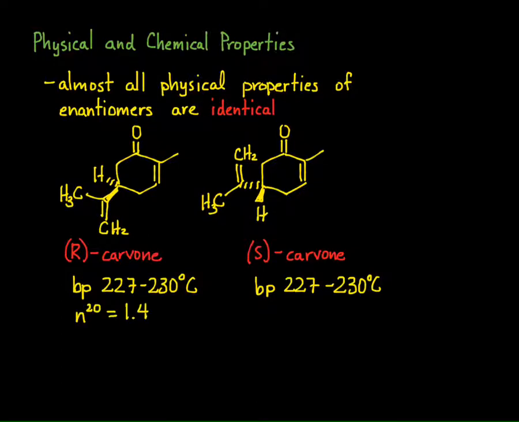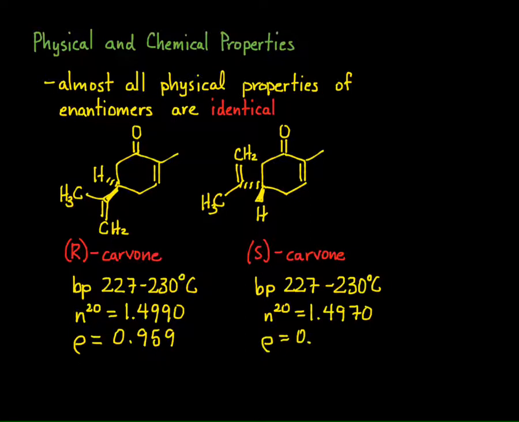Now, likewise, I can think about the refractive indices. So the refractive index of R carvone is 1.4990, and that of S carvone is 1.4970. Now, these are so close that we really can't distinguish between the two of them. Also, their densities are very similar, 0.959 to 0.965.